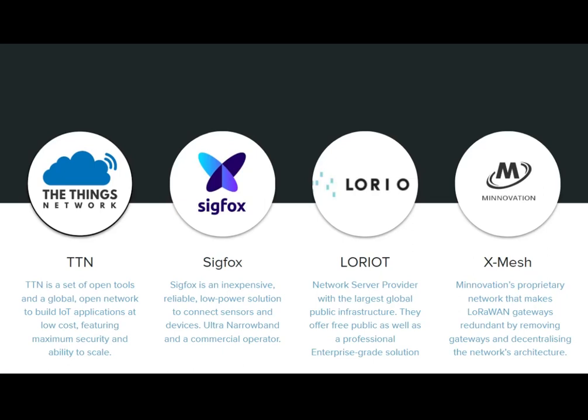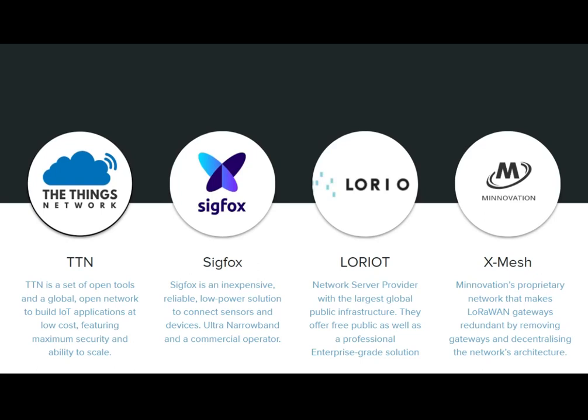There are lots of providers of LoRaWAN networks. For example, the Things Network. TTN is a set of open tools and global open network to build IoT applications at low cost, featuring maximum security and ability to scale. Sigfox is an inexpensive, reliable, low power solution to connect sensors and devices.